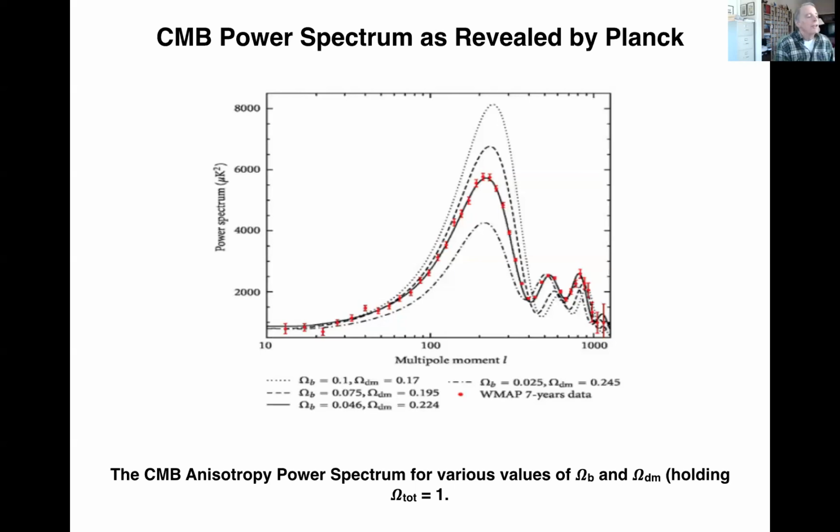Well, these dashed and dotted lines refer to what you would expect if the baryon concentration in the universe were greater or less than about 5%, 4.6% to be exact.